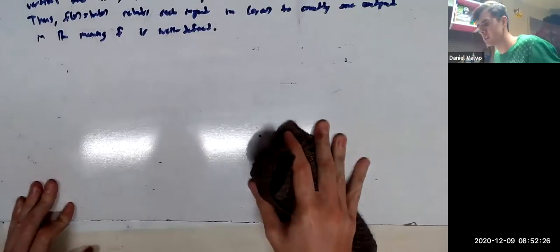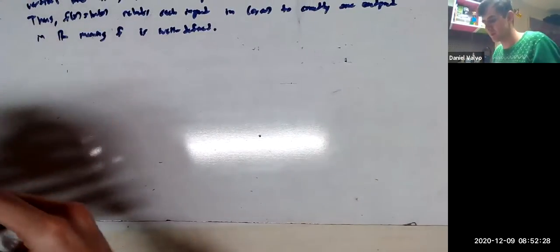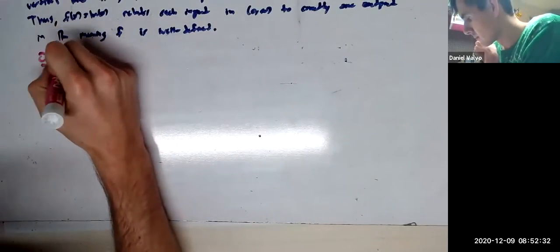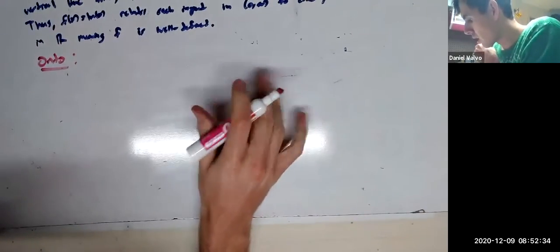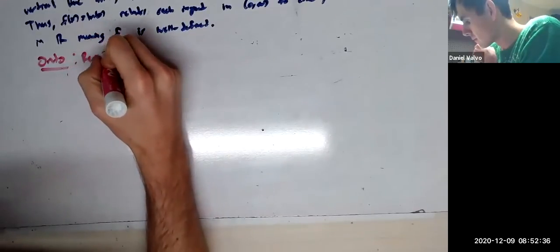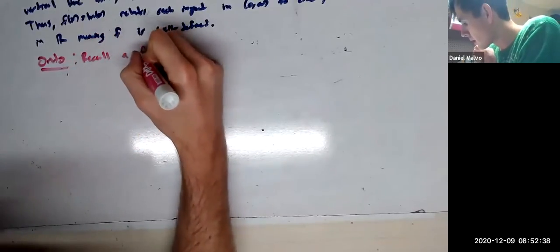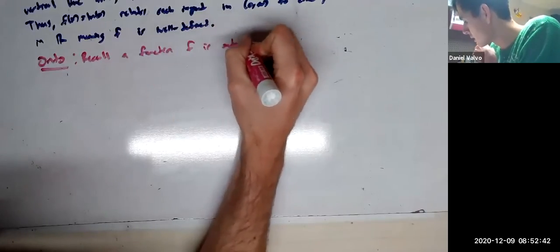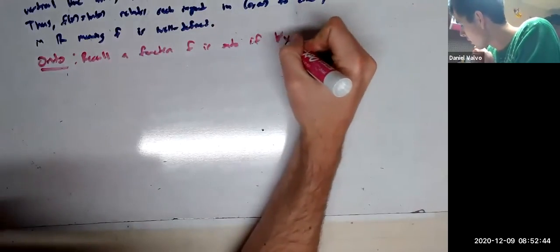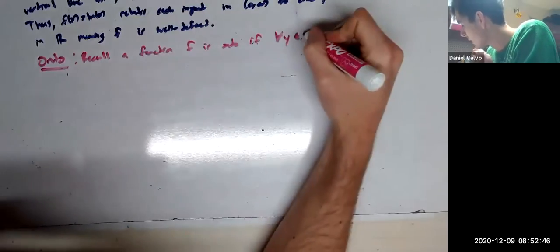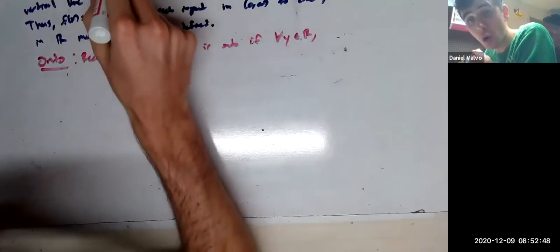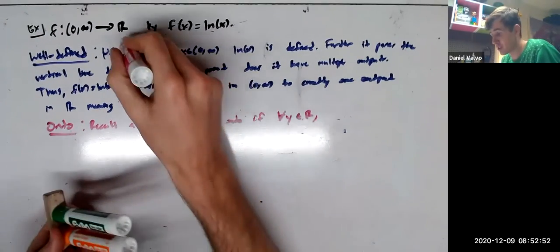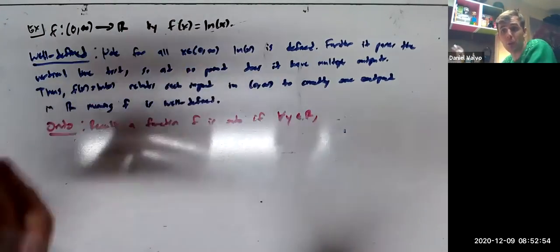Now let's go for onto. So recall a function f is onto if for all y in the codomain, so for all possible outputs, so remember, R tells you where the outputs are going to be.